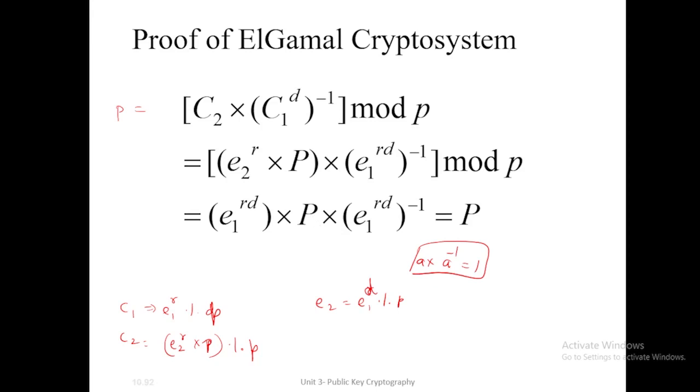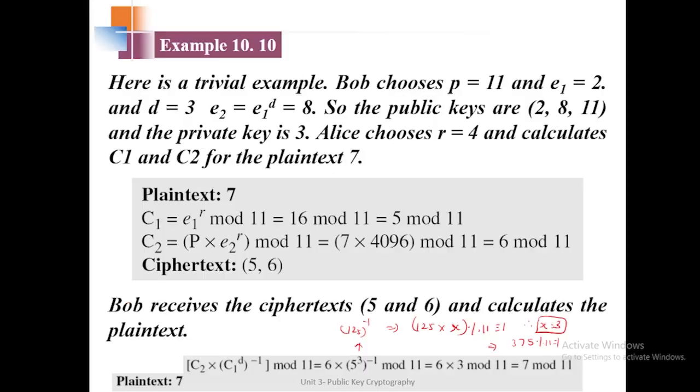So let us take a problem for solving this ElGamal cryptosystem. So it is the example. Bob chooses the prime number P, E1 value, D value. So these three values are given. We should calculate E2. So the formula is E2 is equal to E1 power D. Here E1 is 2, so 2 to the power 3 is 8.